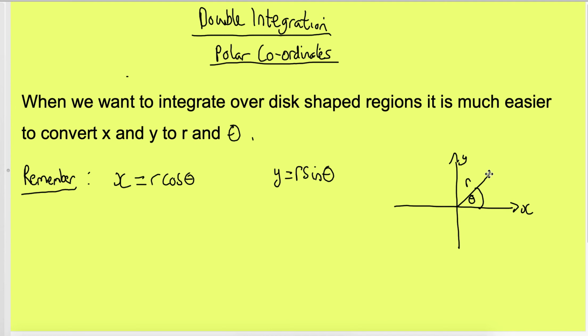So if that's your point there, in rectangular or normal form, if that's 4 along, let's say 5 up, that coordinate in normal rectangular coordinates would be 4, 5. But we know how to work that out in polar form. We use r and theta to tell us what the coordinate is in polar coordinates.